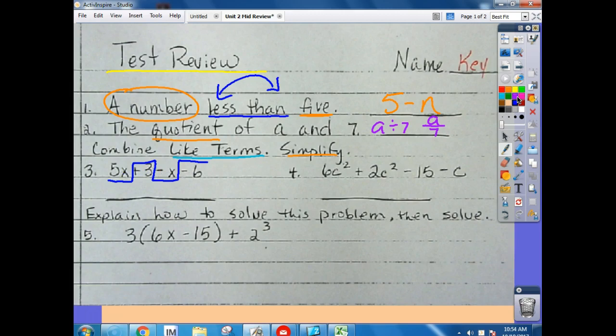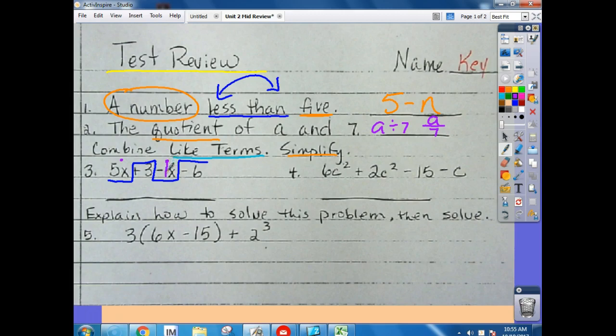And so in this particular problem, I have like terms here and here. Those are my two x terms in this problem. I can combine those like terms. This is a positive 5x, and this is actually a negative 1x. Anytime we say minus x, we do count that as 1x.